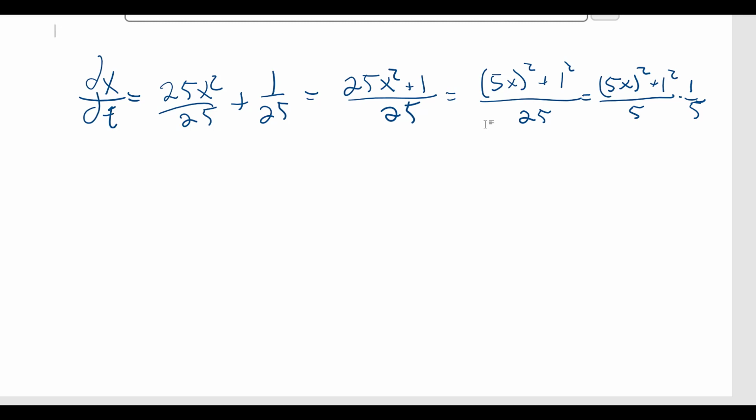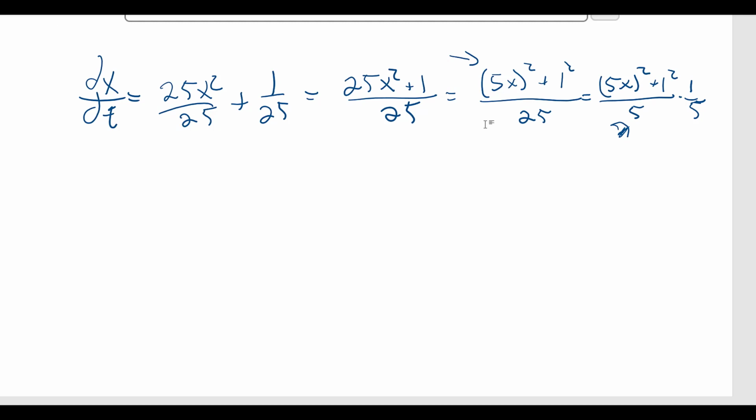Thinking ahead, this numerator is going to become a denominator, and then I have an arctangent function. That's why I might want to keep this 5, because if my u becomes 5x, my du would need to have a 5 with it here.